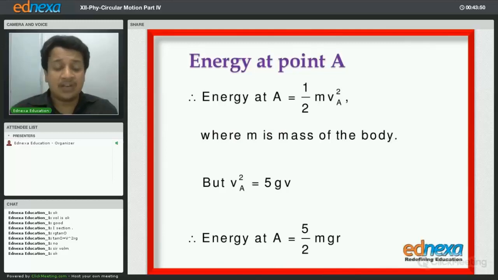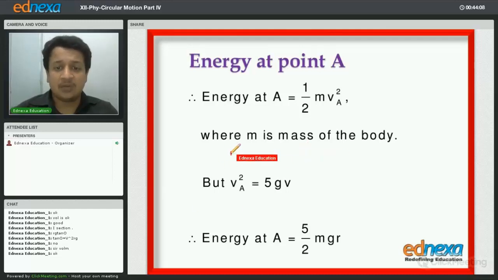Next, we are interested in energy at three different points, that is A, B, C. So let's discuss energy at point A. Energy at point A is equal to half mVA square, where m is the mass of the body. Then what is the value of VA?